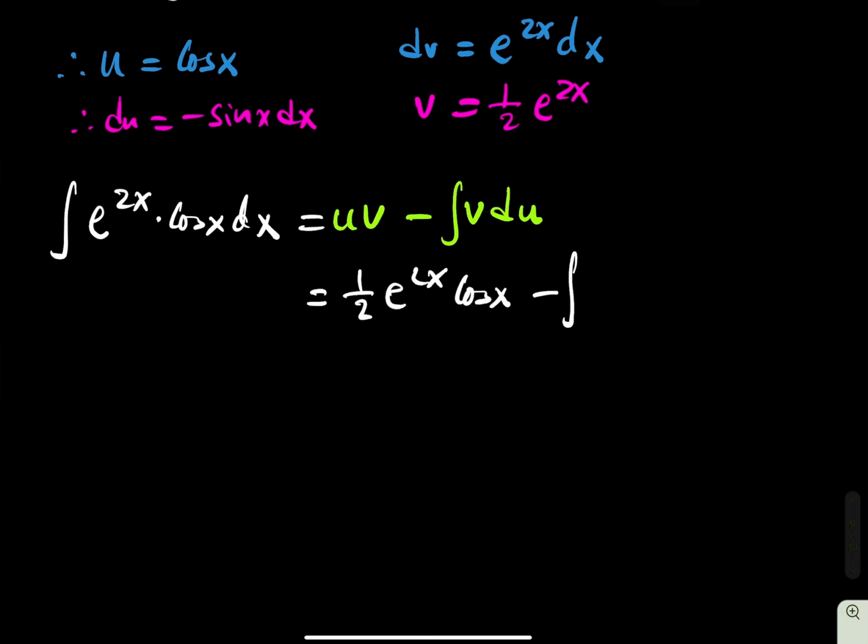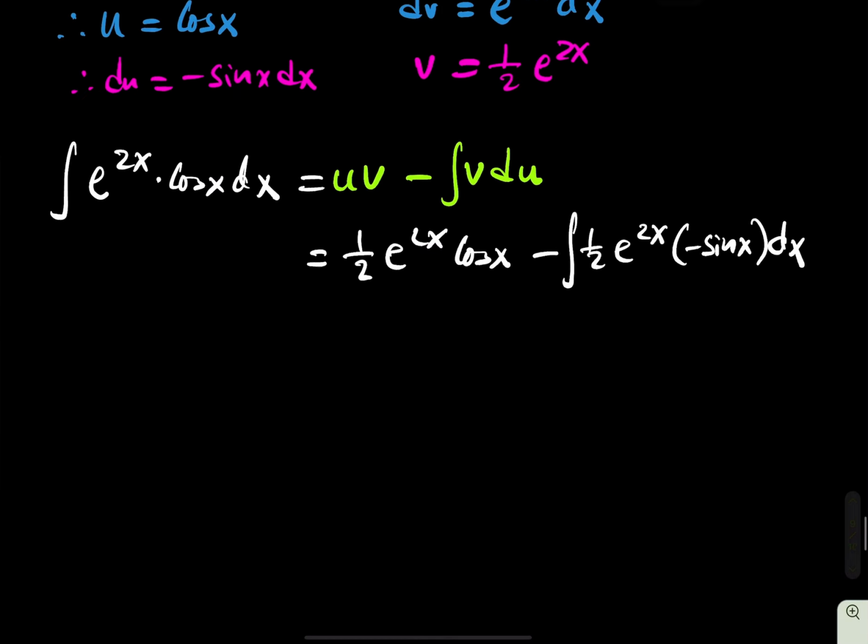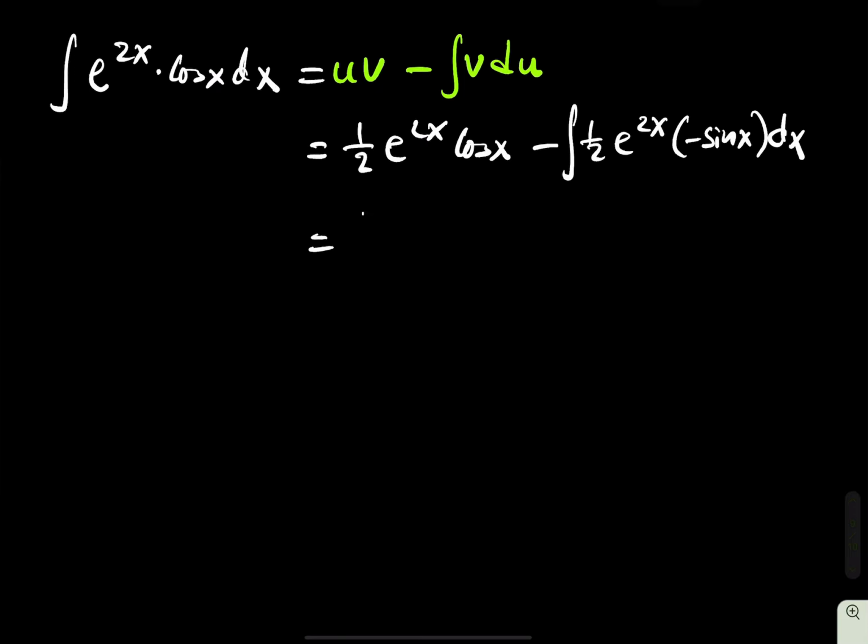So v is 1 over 2 e to the power 2x, and then du is this one, so that is a negative of sine x dx. Then you can say that is 1 over 2 e to the power 2x cos x. You can really take that negative out with the half.